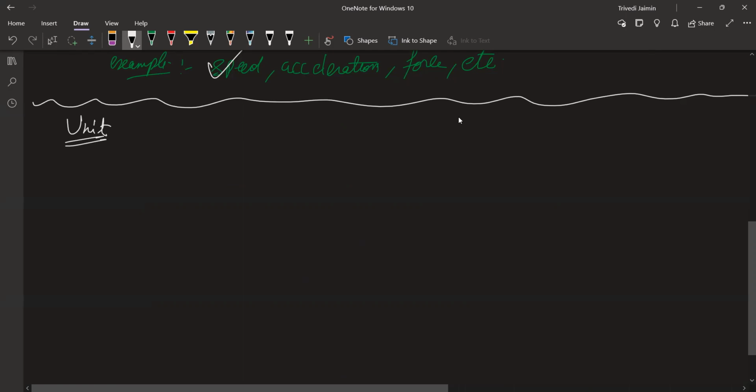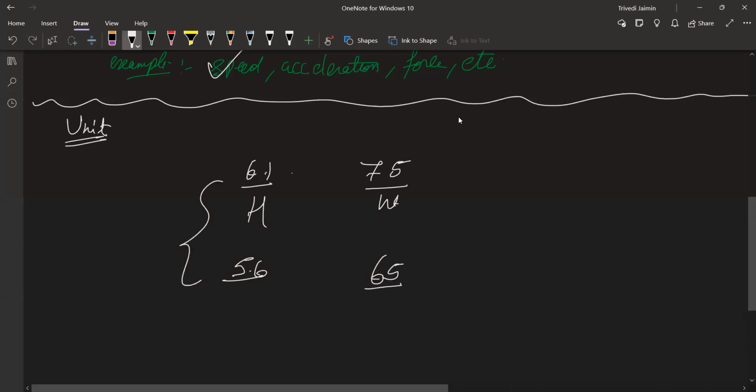If my height is 6.1 and my weight is 75, how will I say that this is my height and this is my weight? And if your height is 5.6 and your weight is 65, if I want to compare our height and weight, can I compare this way?